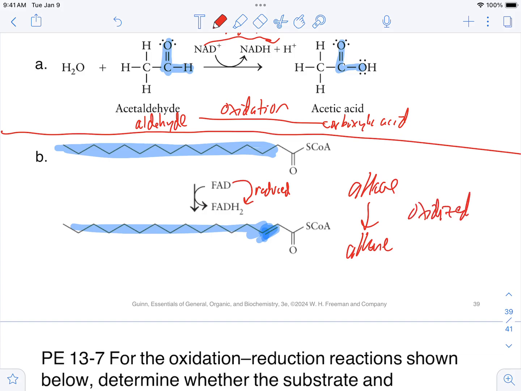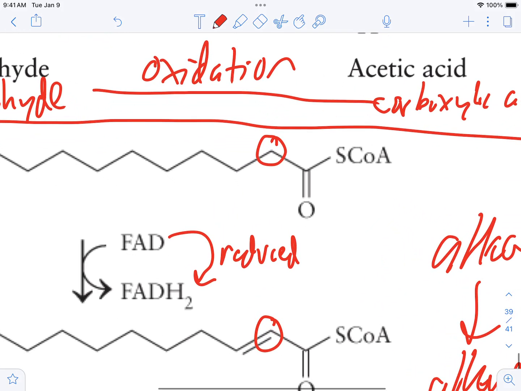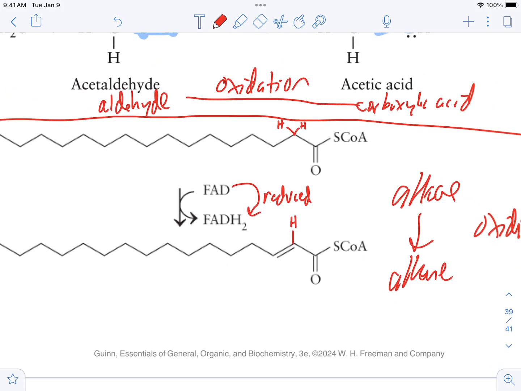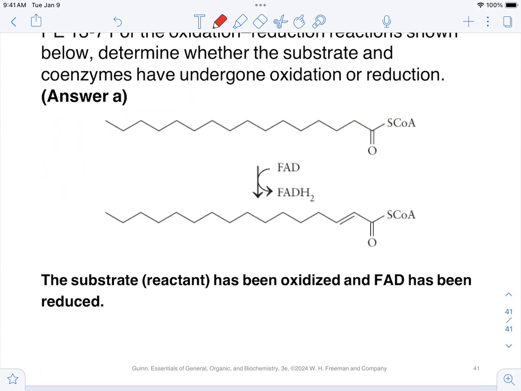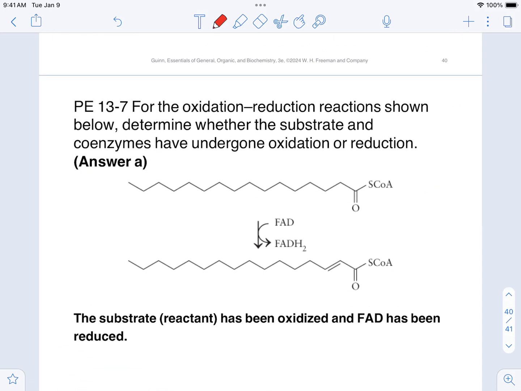Another way you could look at it, it lost H's. This carbon right here has 2 H's, an H here and an H here. And this carbon at the bottom, since it already has 3 bonds, would only have 1 H. So it lost 1 H. So that was oxidized. And there is the answer.